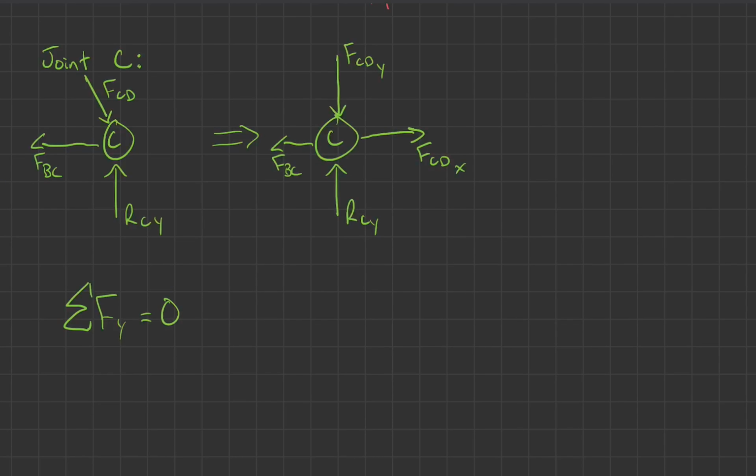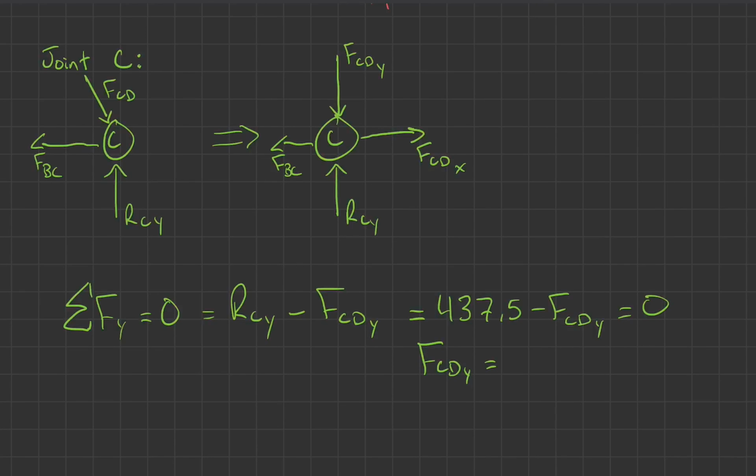Remember, those have to be equal to 0, and those are equal to RCY positive minus the force CD in the Y direction. RCY was equal to 437.5, and we don't know force CD in the Y direction. Remember, those have to be equal to 0. So that just means that force CD in the Y direction is going to be equal to 437.5.